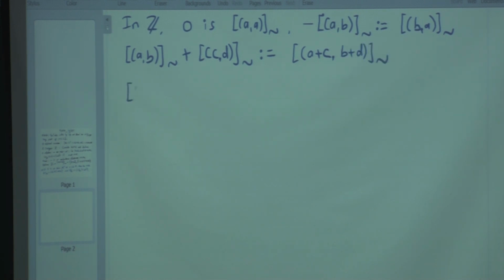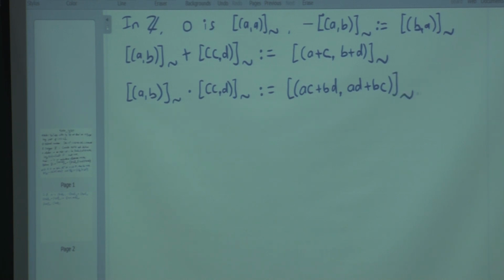What is product? You multiply a minus b and c minus d. What do you get? In the positive part, you have ac plus bd, very good. And in the negative part, ad plus bc.